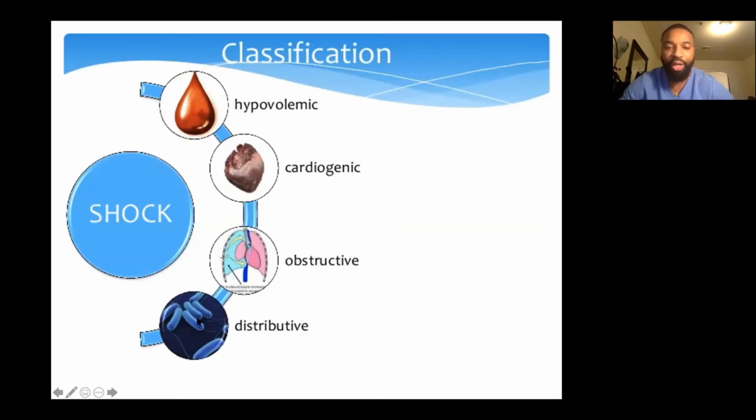And because these organisms have these toxins which they release, there are a lot of bacteria that are prone to causing septic shock. Or in general, sometimes what happens, especially let's talk about COVID in this regard, distributive shock.